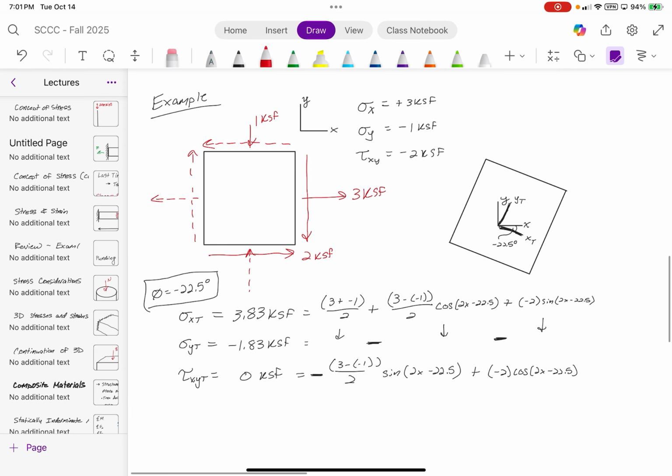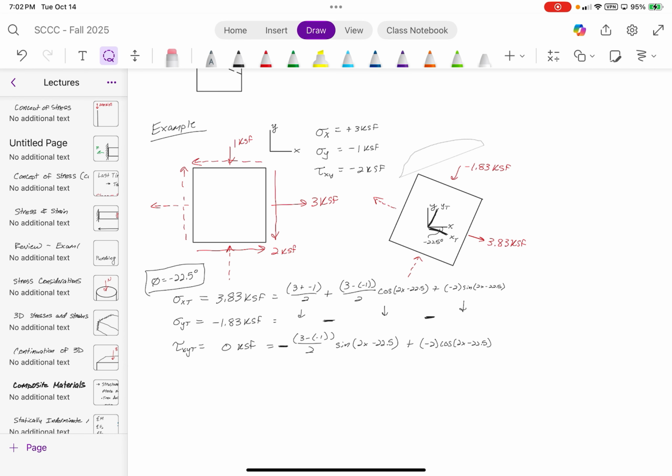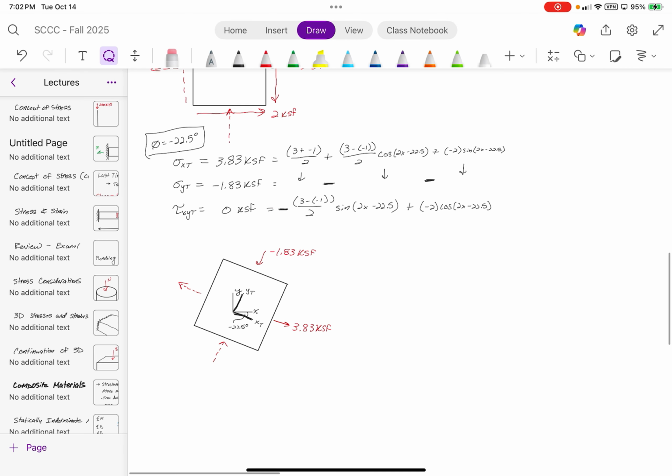And so the stresses acting on these planes are 3.83 KSF and then negative 1.83 KSF with no shear. I'm just going to move this down to here.